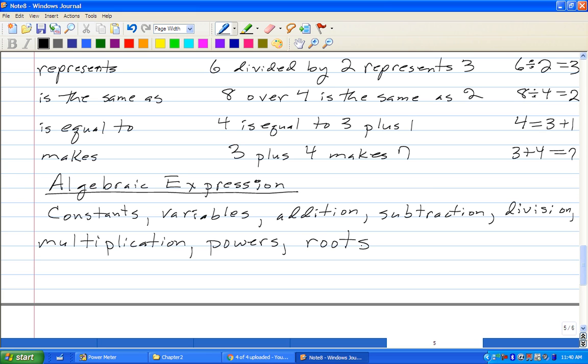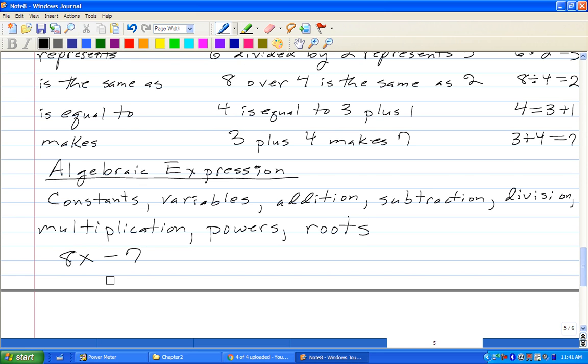Things like 8x minus 7 is an example of an algebraic expression. It involves some constants 8 and 7, some variable x, and it includes multiplication, I'm multiplying the 8 times the x, and subtraction.